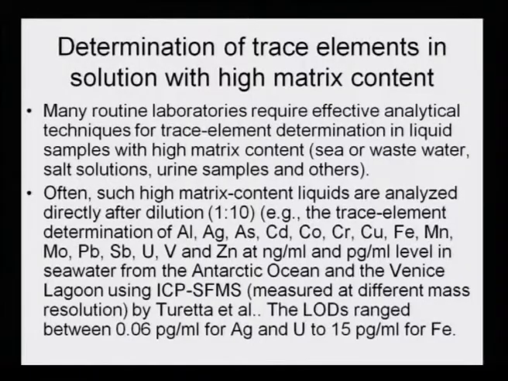The limits of detection range from 0.06 picogram per ml for silver and uranium to 15 picogram per ml for iron. So, you see, for uranium and silver it was 0.06, and picogram levels of iron also could be detected from the same sample of sea water of the Antarctic Ocean.